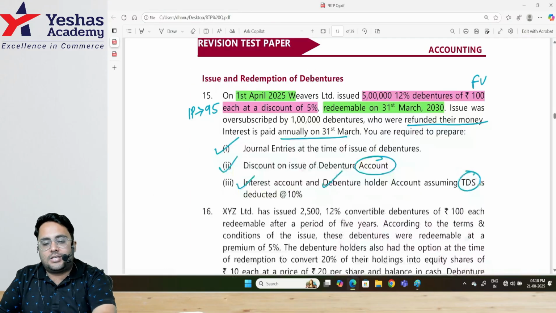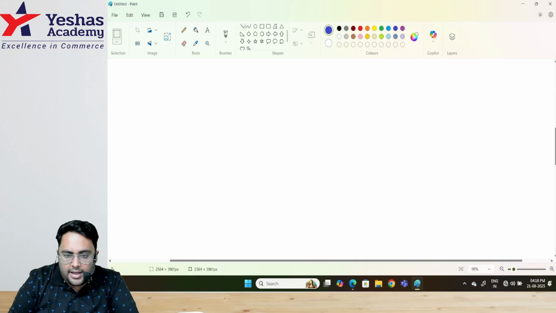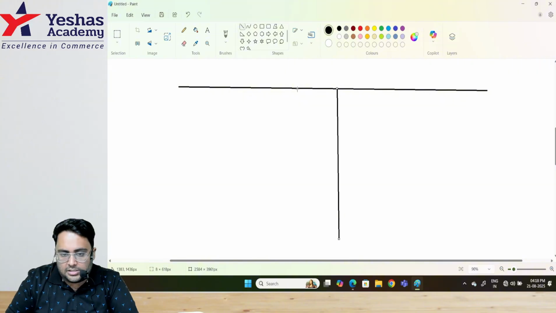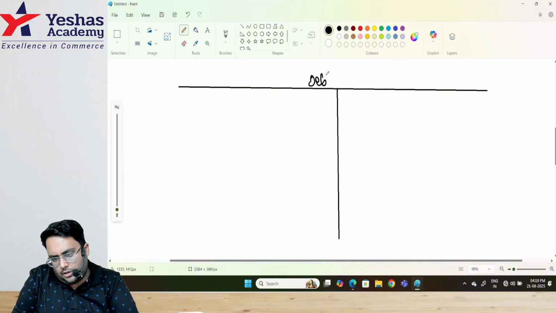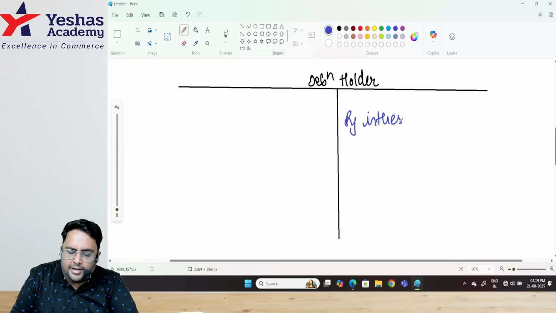Apart from interest account, they've also asked to prepare debenture holder account. What will we record? You record the interest first. How much is the interest? Debenture holder account by interest. How much was the interest that was payable? 60 lakh.